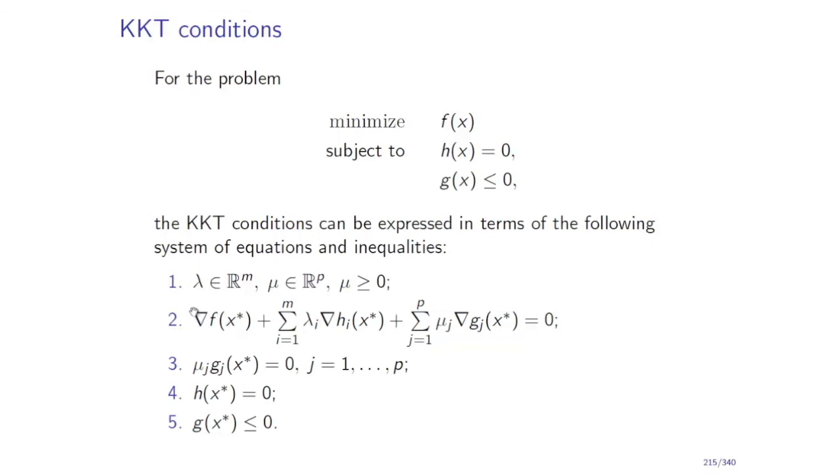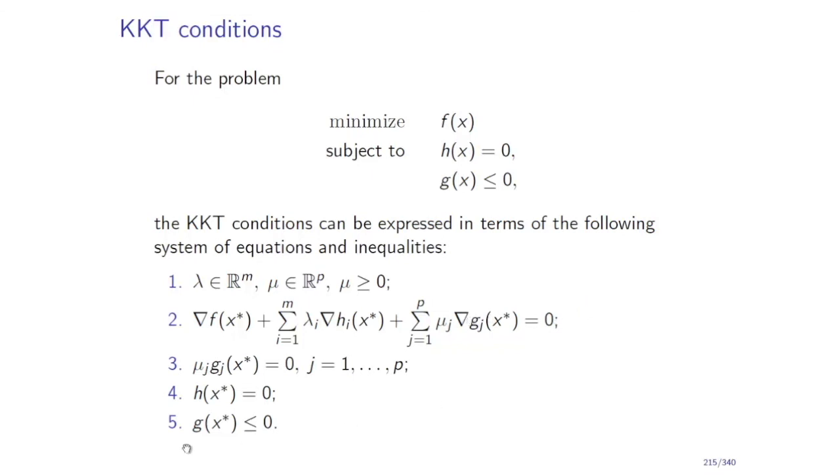First, there must exist these multipliers lambda, a vector of length m containing these multipliers lambda_i's, and then mu multipliers mu_j's. Mu_j's must be non-negative such that the gradient of f at x star plus the sum of lambda_i's times the gradient of h_i at x star, and then plus the sum of mu_j's times the gradient of g_j's at x star is equal to 0.